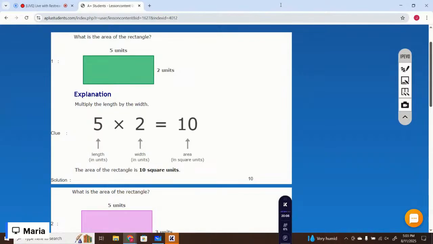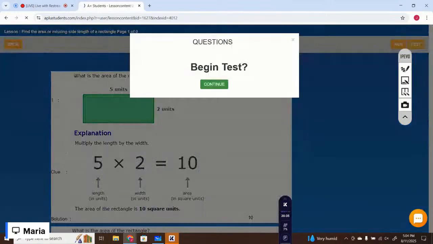So the area of the rectangle is 10 square units. Let's just start with the questions.